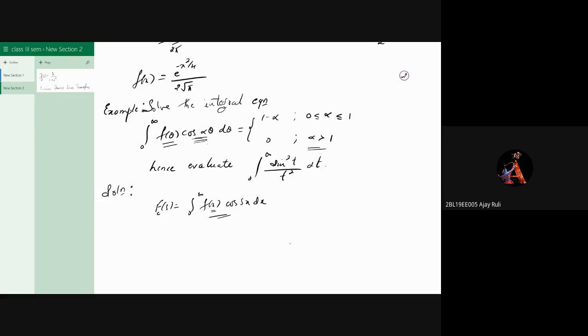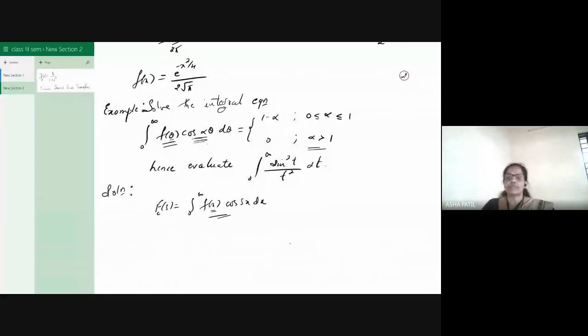Theta. Okay, instead of f of x, it is here f of theta. That means the variable x is taken as theta here. Again, what about the RHS term? Usually this is our Fc of s. That means instead of s, the variable taken is alpha. Answer is in terms of alpha.